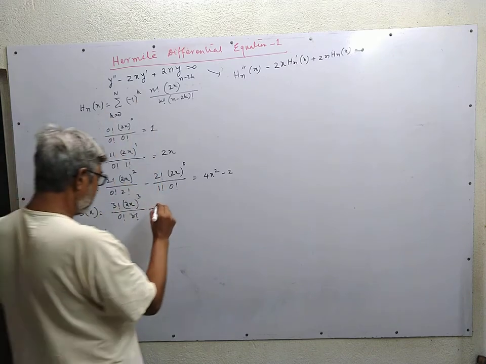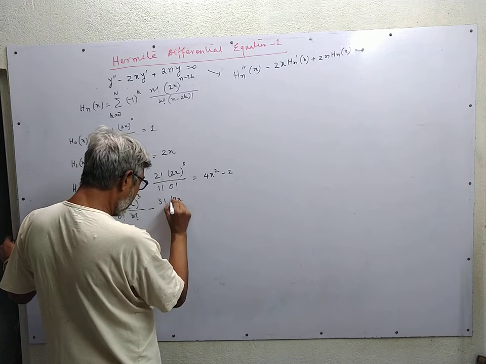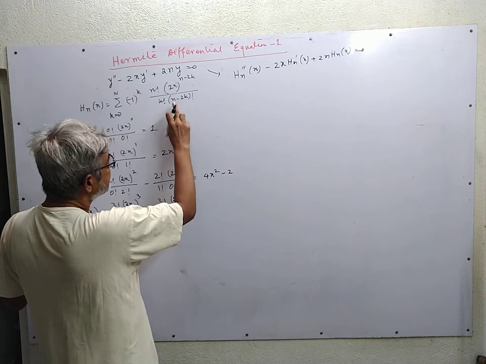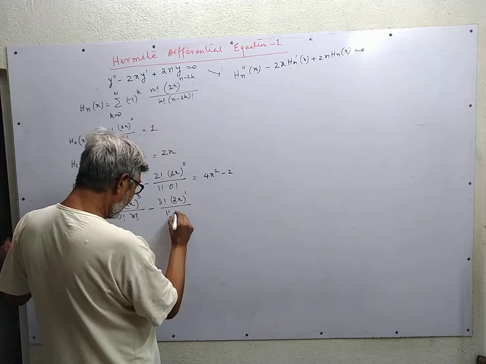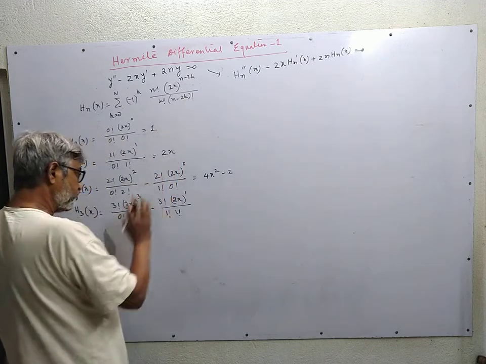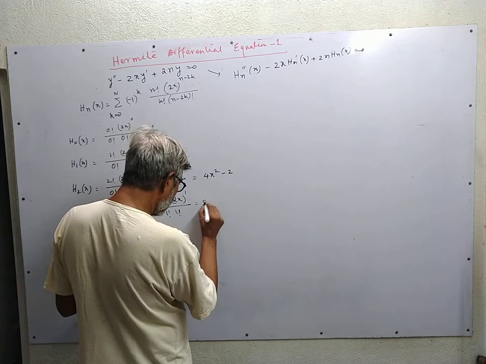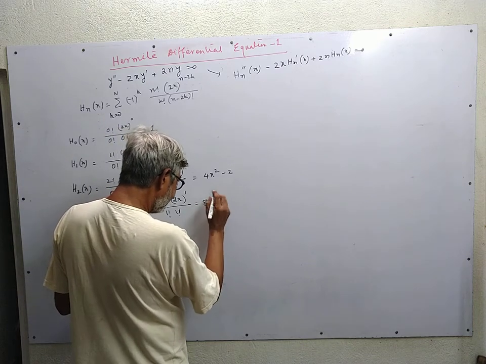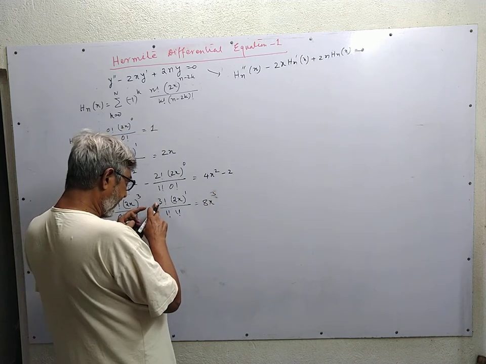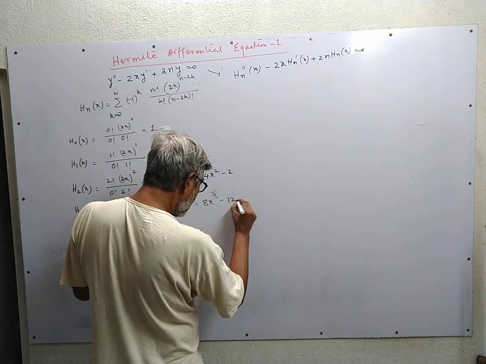If we put k is equal to 1, then this is n factorial, 2x to the power 1, over 1 factorial, and this is 3 minus 2, 1 factorial. Still higher values of k will make it negative, so there is no other term. So the first term is 8x cube, and then this is factorial 3, 6 into 2, 12x.